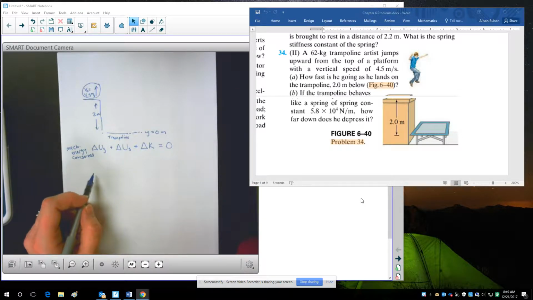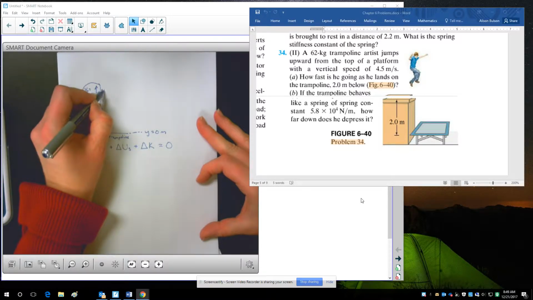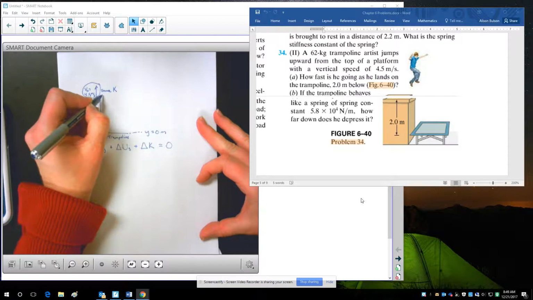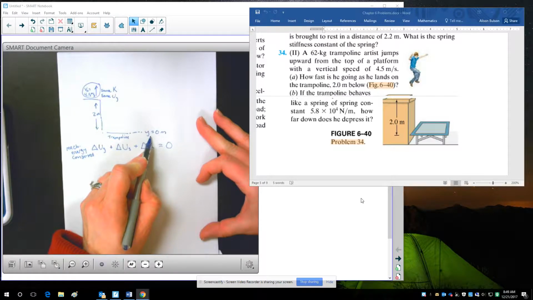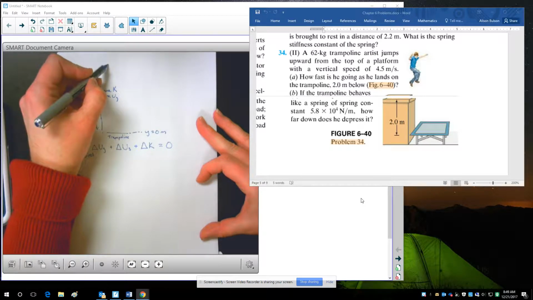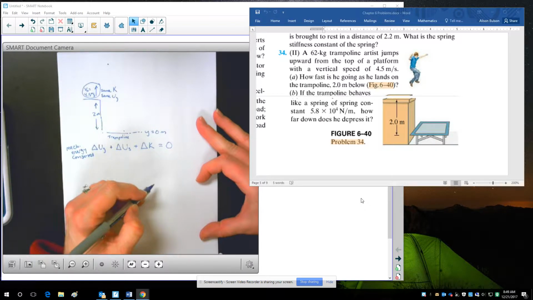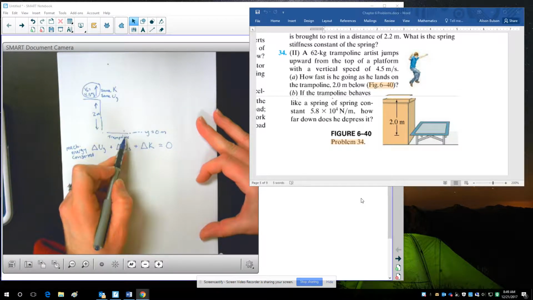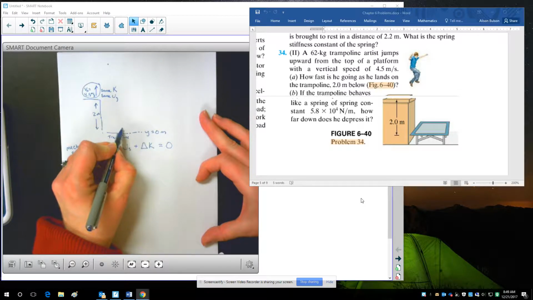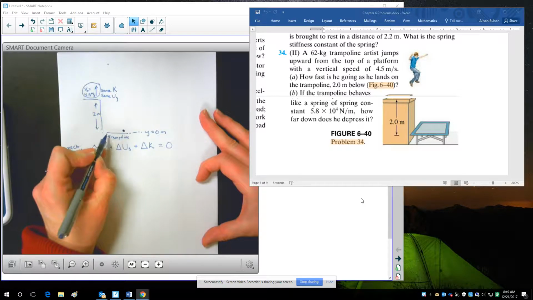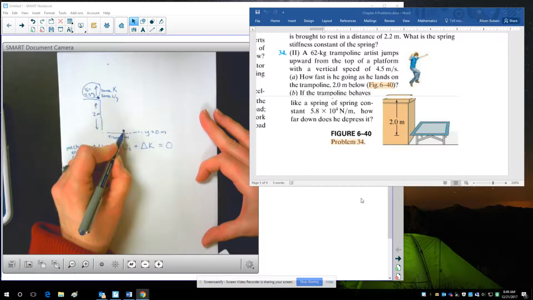So now I start thinking about what type of energy is happening where. So I have some kinetic here, some K, and some UG, if I define y equals 0 at the trampoline. He goes up to the peak, pauses, and then falls back to the trampoline. If I'm finding his kinetic energy, or how fast he is going to land on the trampoline, then it makes sense to say y equals 0 here, because as he encounters the trampoline, as his feet just barely touch it, he has not yet compressed the trampoline.